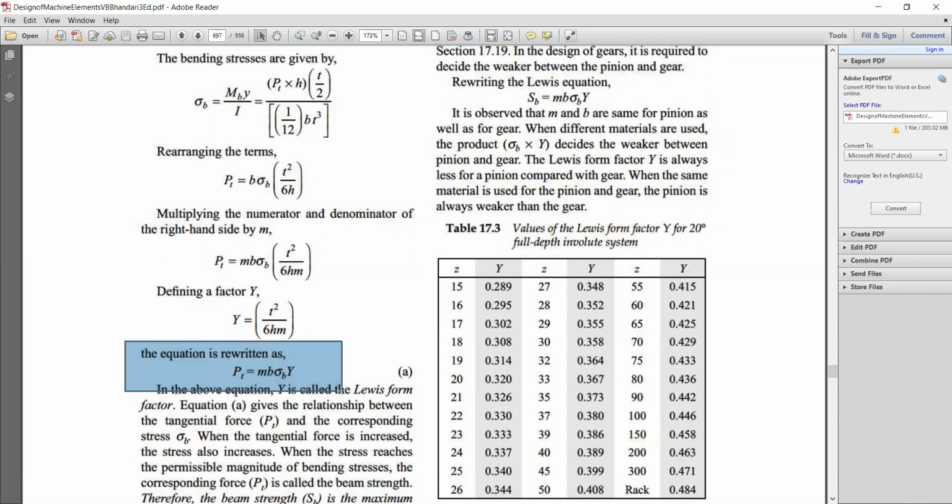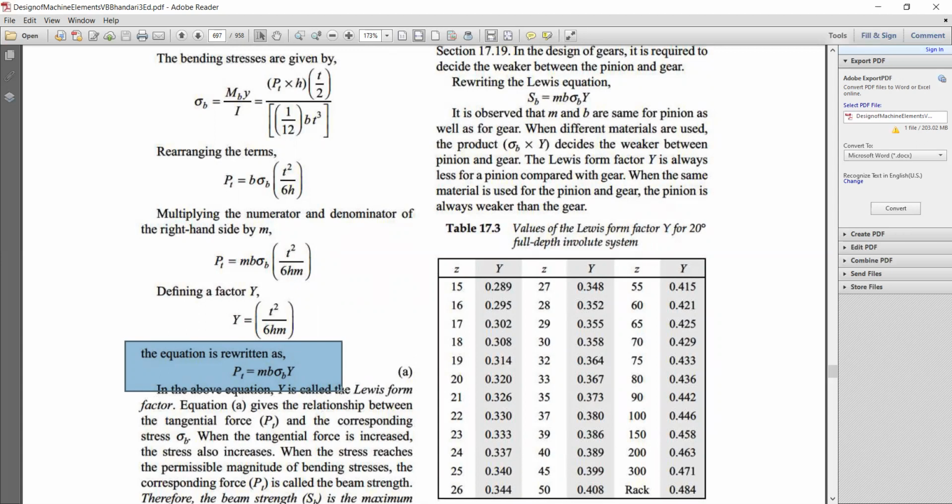This is called the bending endurance strength equation, where the maximum tensile stress is calculated based on the bending stress. In this equation, the capital Y is called the Lewis form factor.